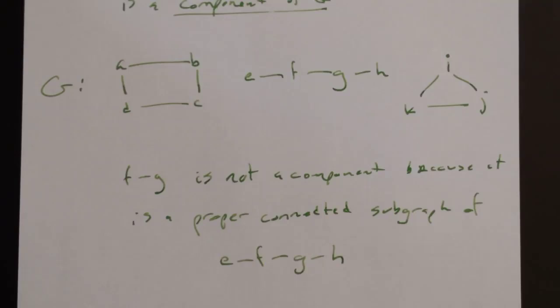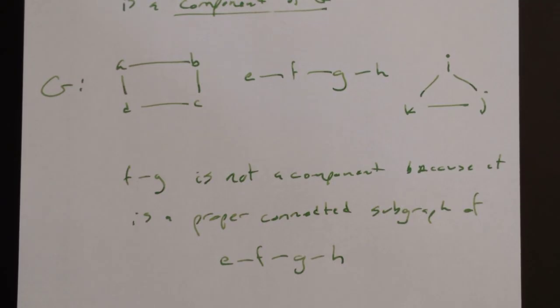Yes, the components are maximal in one sense. You can't make them any bigger without jumping to another piece. They're like islands in a chain, right? I've got the Big Island and Oahu and Kauai. And I can get from one to the other. They're all part of Hawaii, but they're separate parts of Hawaii. This is a graph that has 3 components.